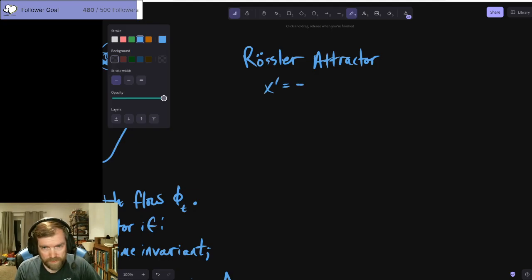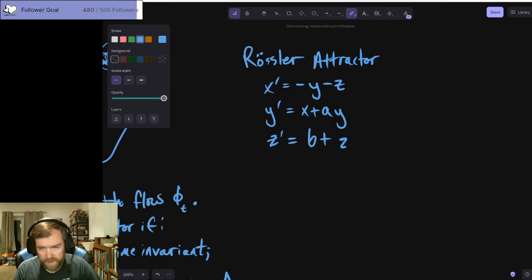X prime is equal to negative y minus z. Y prime is going to be equal to x plus a y. Z prime is equal to b plus z times x minus c.